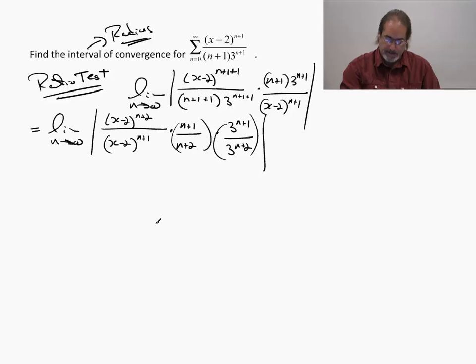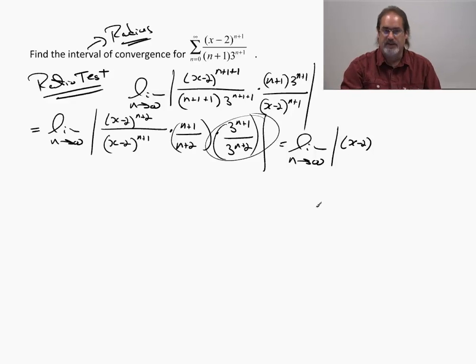Absolute value of all that. Well, that's going to be equal to the limit as n goes to infinity. Let's see, (x minus 2) to the n plus 2 over (x minus 2) to the n plus 1, that's just the absolute value of x minus 2.